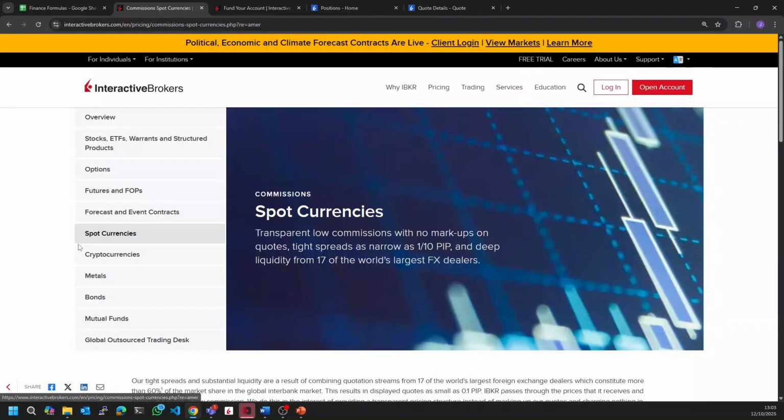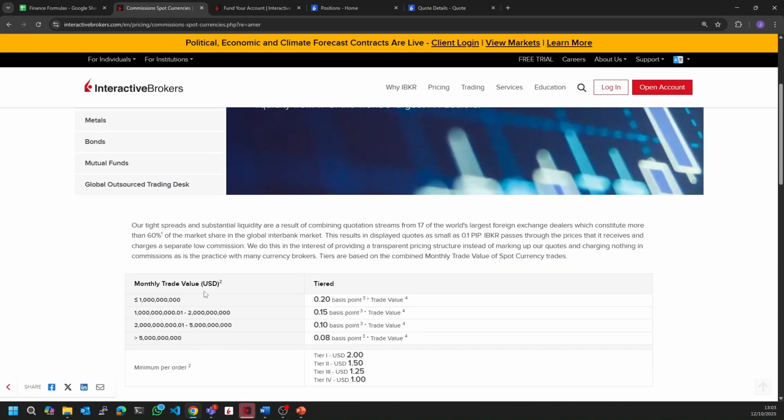Now, the more exciting part, foreign currencies. Here you will need to go to spot currencies, and this is the commission for spot price trading. Most of my colleagues didn't know that you can spot trade foreign currencies here on Interactive Brokers, and in my case I never paid a commission of more than $2 for this transaction.